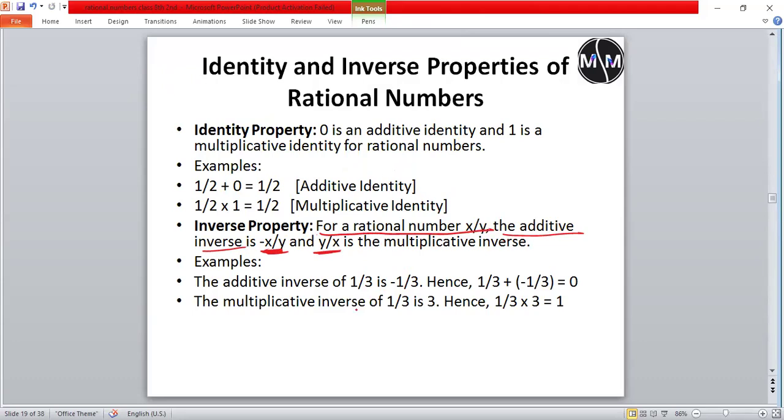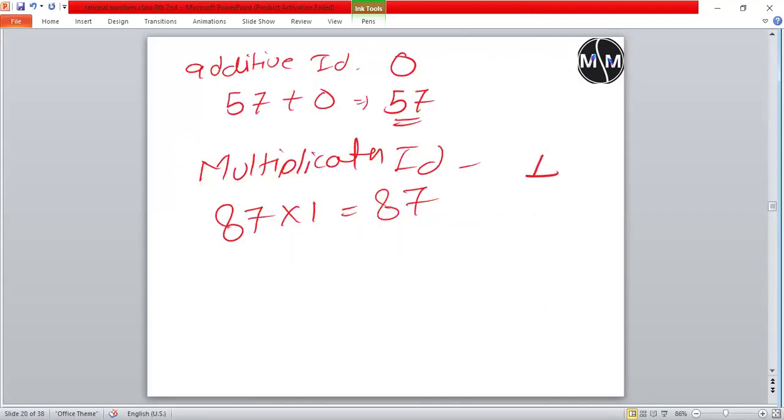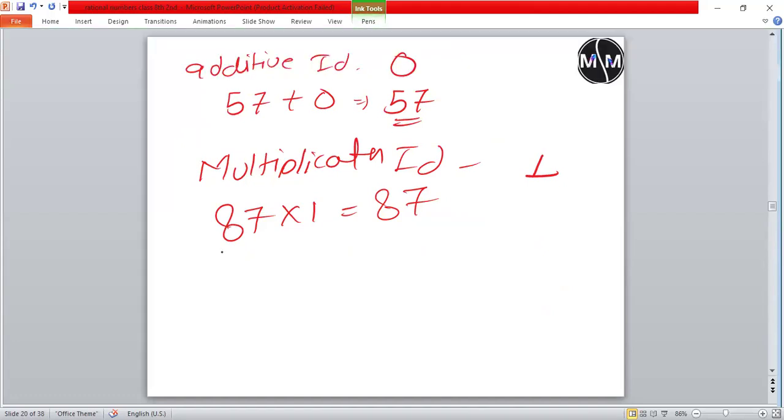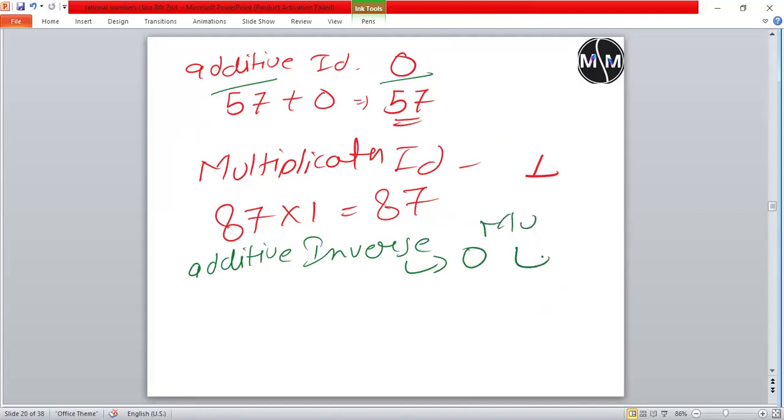What does it mean? Additive inverse. In addition, the additive identity is zero. It means in additive inverse, you will get the answer zero. And in multiplicative inverse, you will get the answer one.